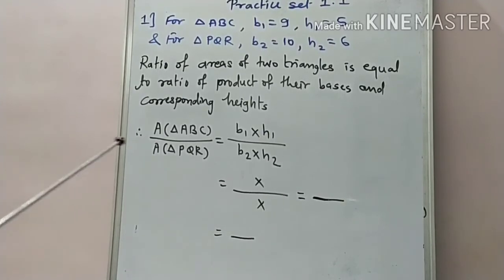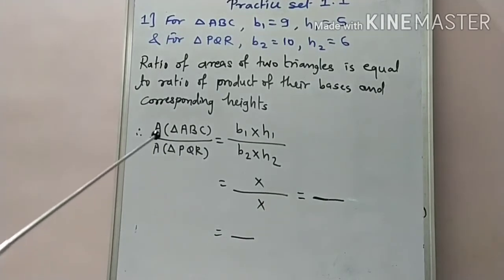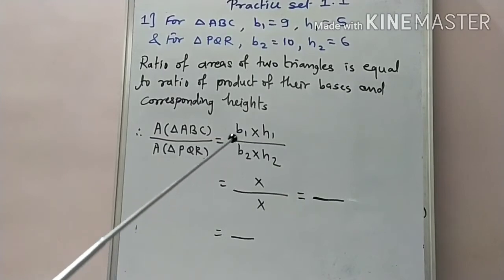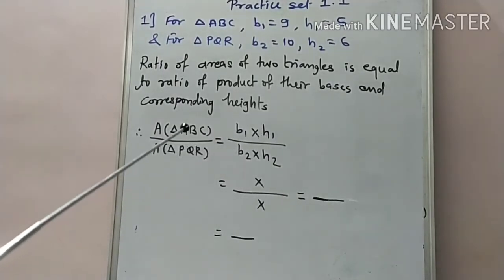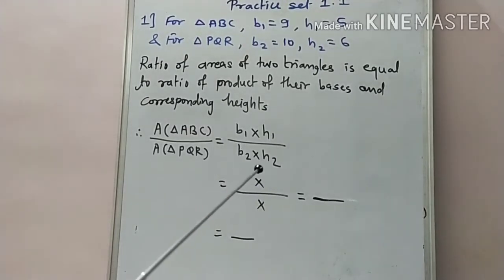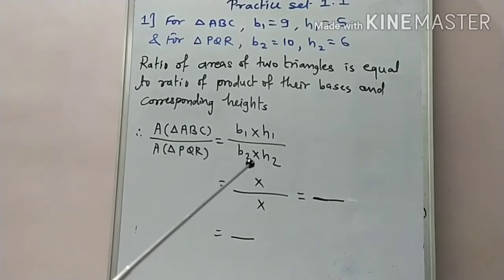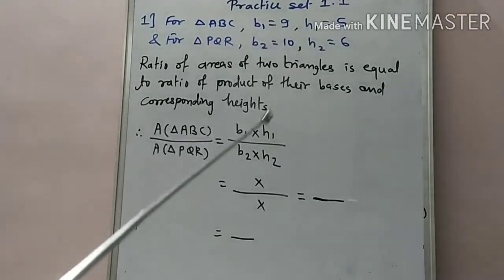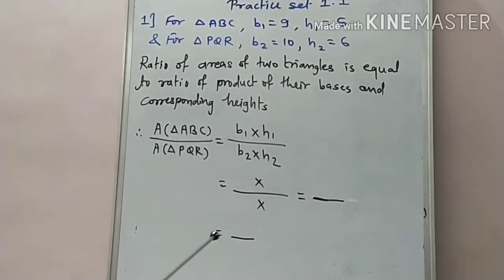According to that, the ratio of the areas is B1 into H1, the base and height of the first triangle, with the product, upon B2 into H2, the base and height of the second triangle PQR, also with the product. Now we substitute the given values and simplify, so we can get the ratio of areas of the two triangles. Okay, students? So do try it and give me the correct answer.